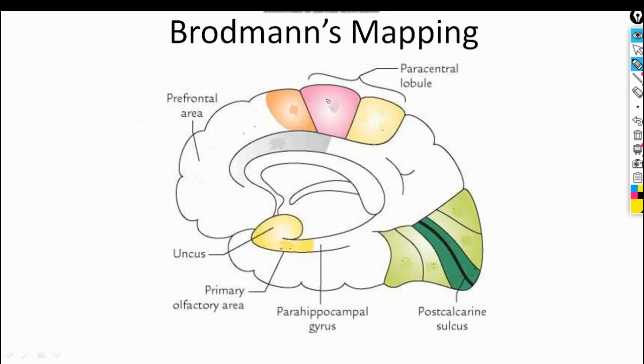So this Brodmann's area number 4 is present on the anterior part of this paracentral lobule.